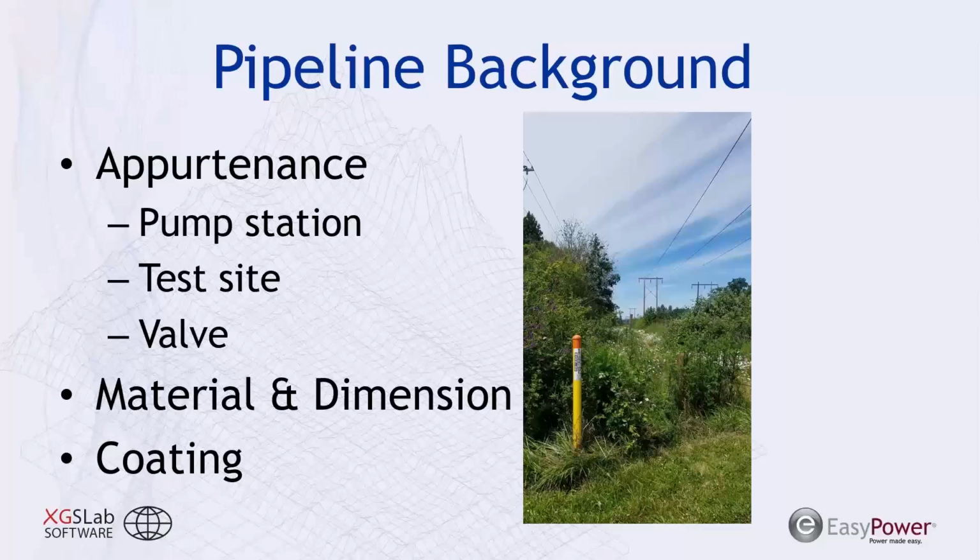Additionally, most buried pipelines will have some sort of coating on them, and this coating is to protect that metallic pipe from corroding in the soil. And the challenge, or part of the problem, is that that coating also allows for greater induced voltages on the pipeline. So understanding those characteristics is also going to be important for evaluating AC interference from transmission lines to a pipeline.